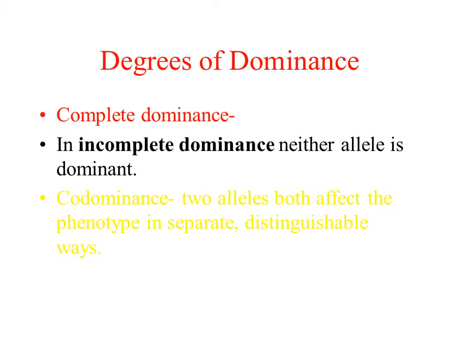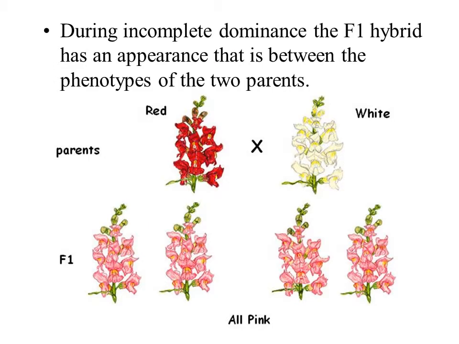Incomplete dominance is when neither allele is dominant. During incomplete dominance, the F1 hybrid has an appearance that is between the phenotypes of the two parents.